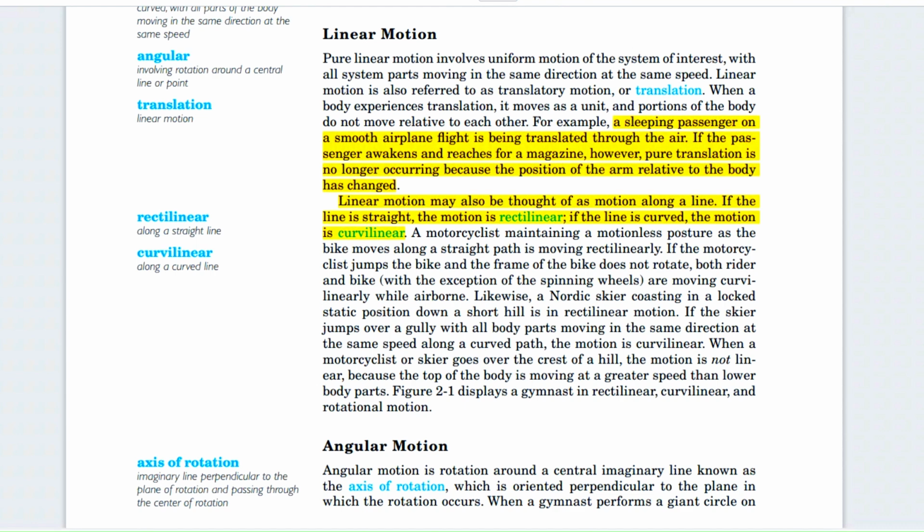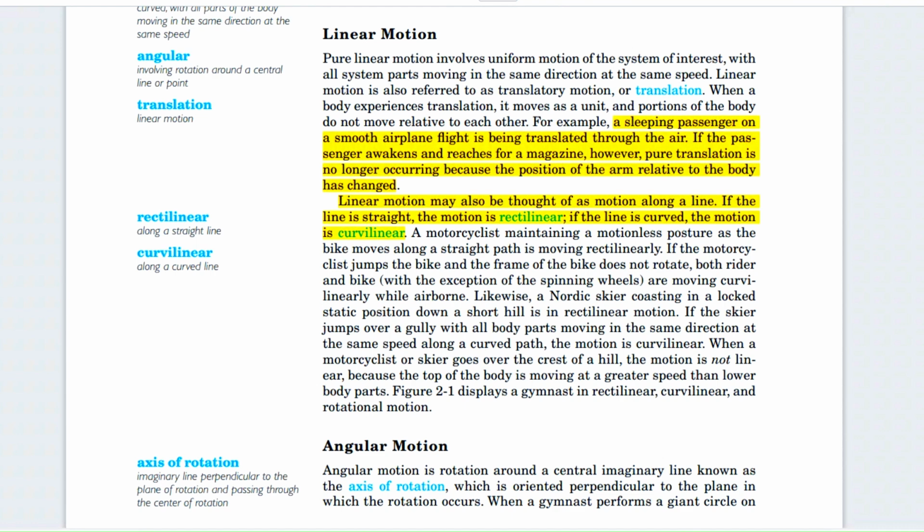There are certain changes in his body that cause the ideal linear motion to change, because a human cannot just stay in a single posture during a long flight.